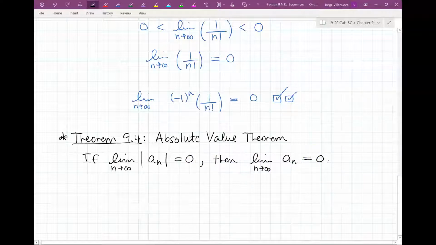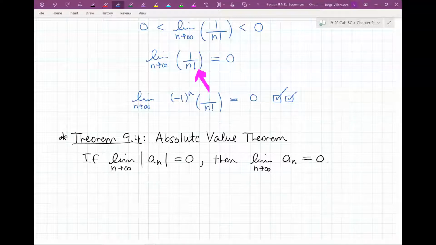In other words, who cares if we have a negative 1 to the n in the function, like we do above? Notice this part right here is the absolute value of c sub n. C sub n was negative 1 to the n times 1 over n factorial. If I get rid of the negative 1 to the n, that means I'm taking the absolute value. Notice the thing I'm pointing at was equal to 0.